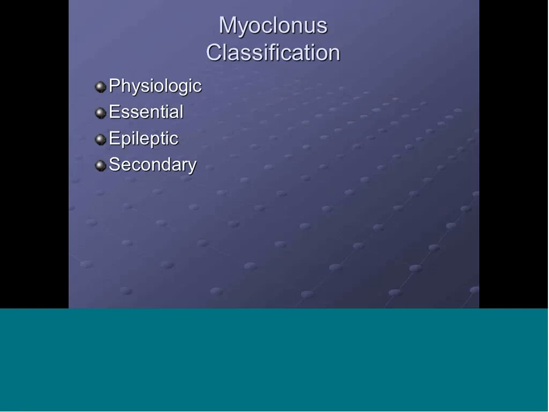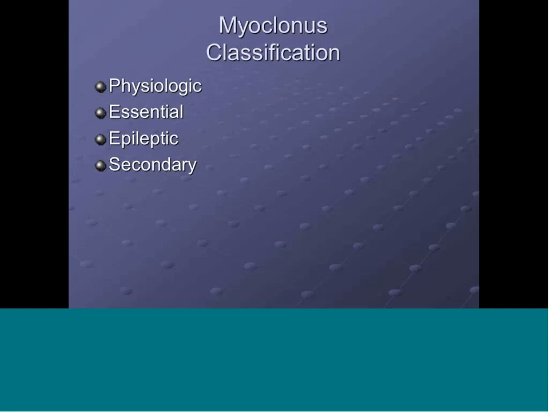Myoclonus is classified as physiologic, essential, epileptic, and secondary. Physiologic examples would be hypnic jerks: as you're falling asleep, you see some myoclonic activity or jerks. That would be physiologic. Hiccups would also be physiologic myoclonus. Essential myoclonus can be seen in families, starts in teenage years, and continues for the rest of life, not associated with any significant neurological abnormality.